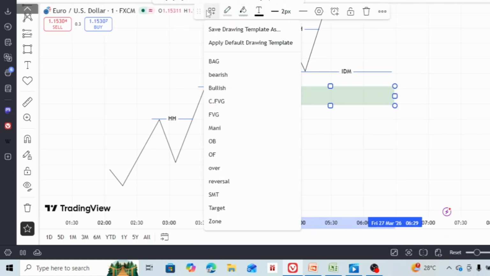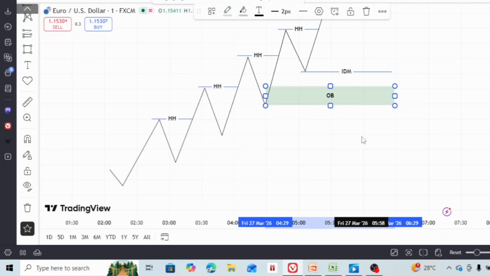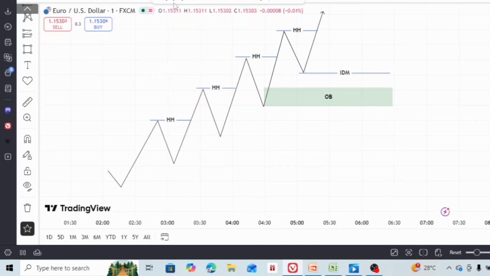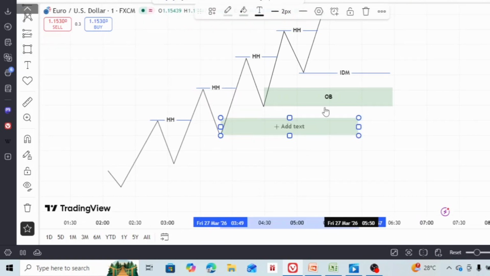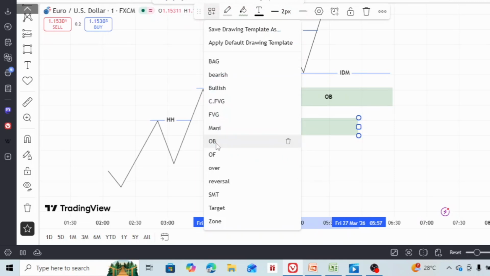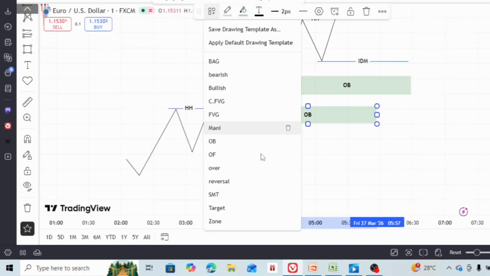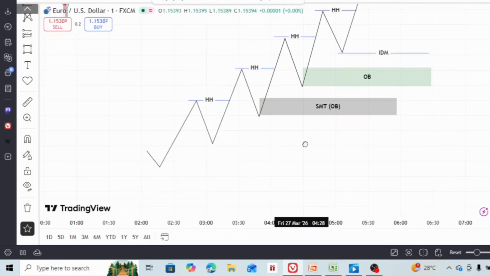this first order block will be our decisional order block, and this will be the valid order block. And then if you find an order block in the middle, the order blocks that are found in the middle are smart money trap. This will be the SMT, smart money trap order block.